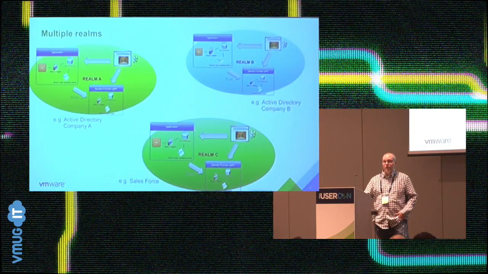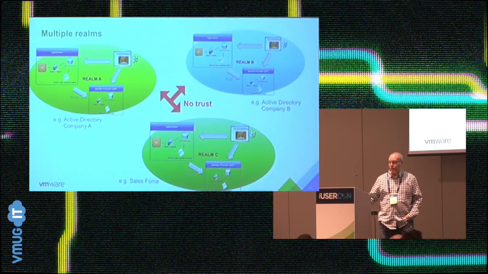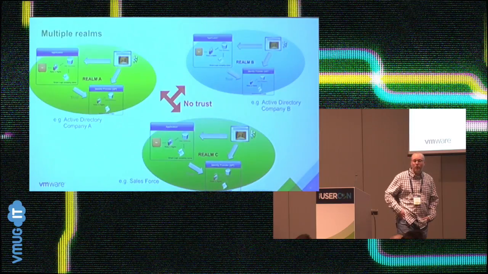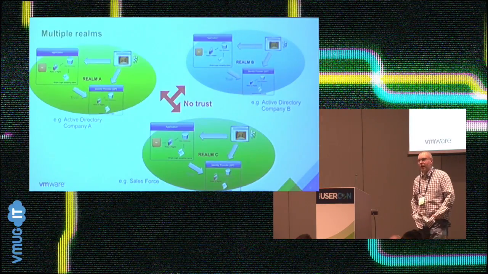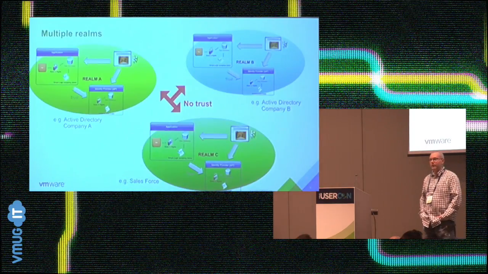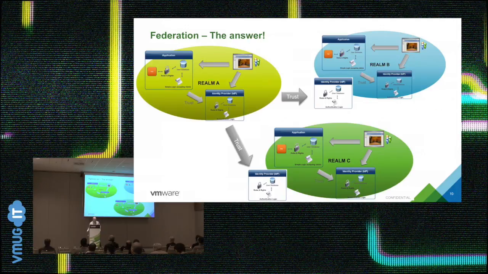But if you start to work together with many different organizations, or you do a merger, obviously there is no trust by default. But you can look at the realm just like you looked at the application in the previous example. A whole organization's network or realm security domain can be federated. So I can trust another security domain's identity provider.